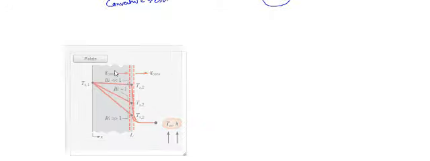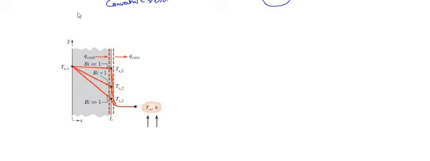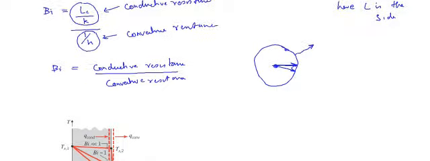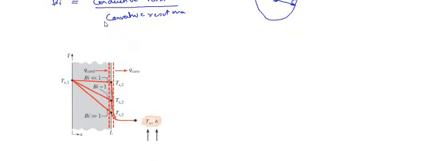Place it here. So you can see this is a picture for Biot number. We have seen the definition of Biot number. Biot number is actually resistance, right? Conductive resistance over convective resistance.